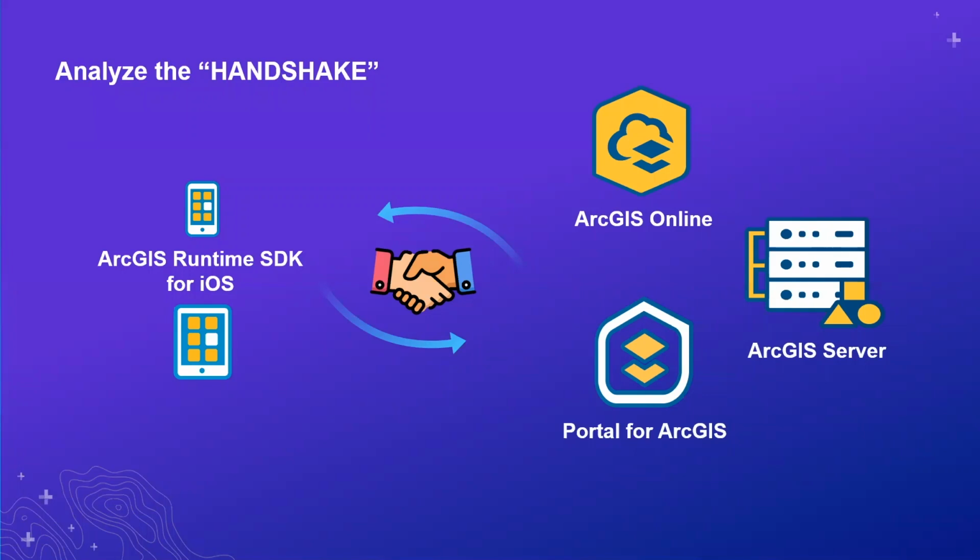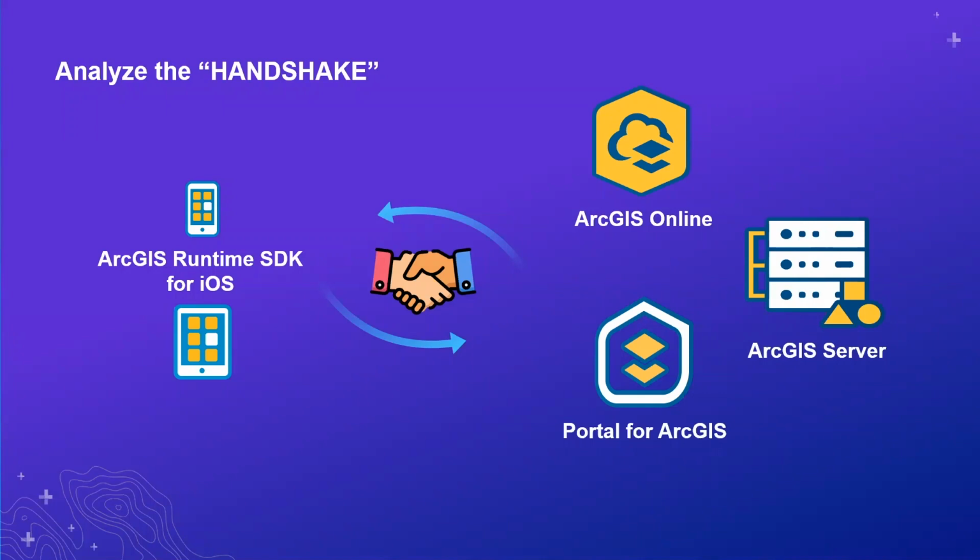As you can see in this diagram, in plain computer science terms, there is a handshake happening between our client iOS application and the server. Our app sends a request to the server asking for some resources. The server acknowledges it and then responds.